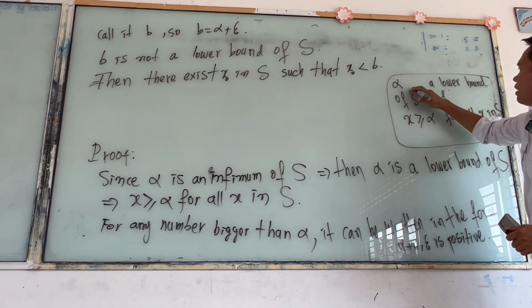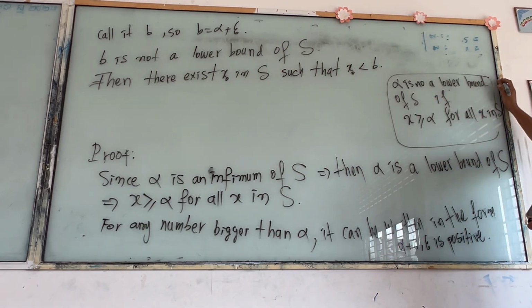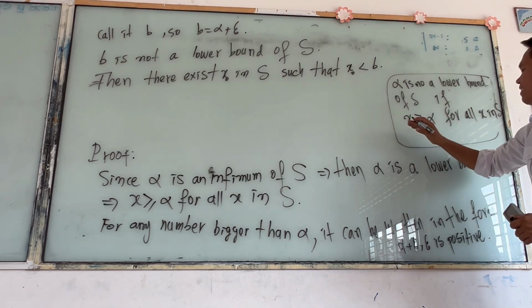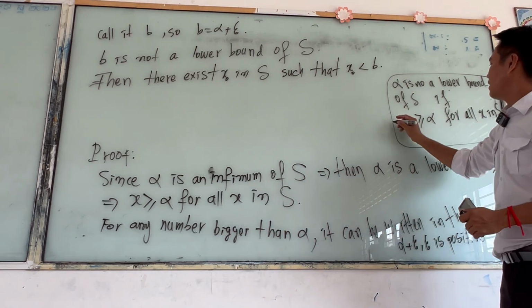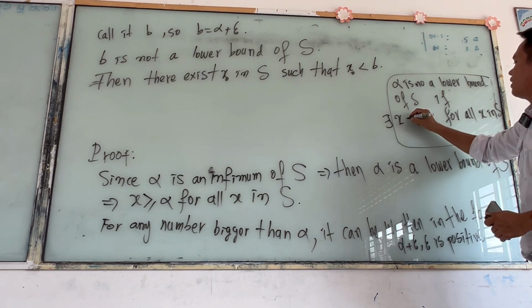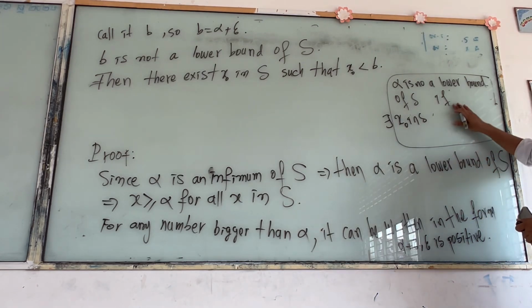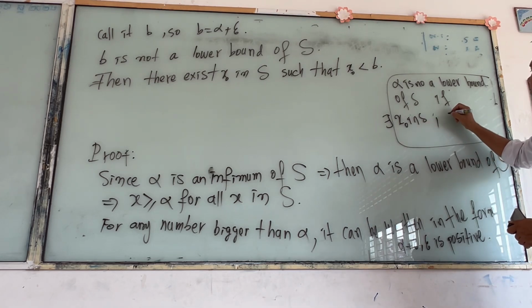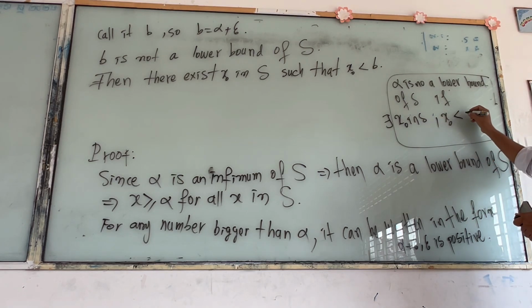Alpha is not a lower bound of S if there exists x0 in S such that x0 less than alpha.